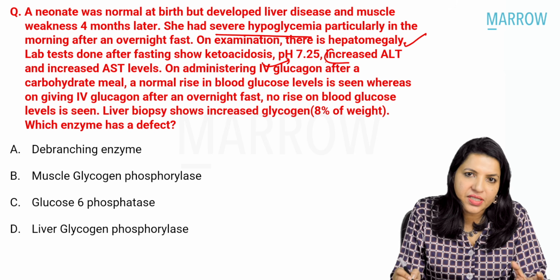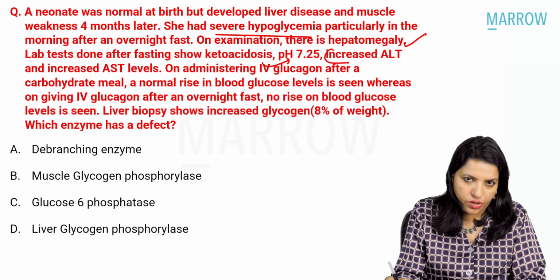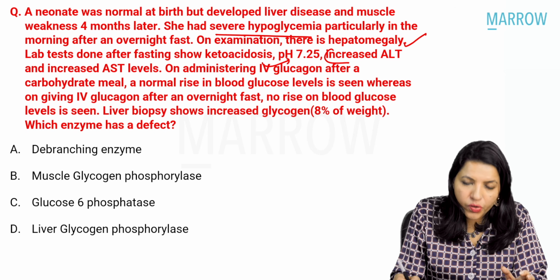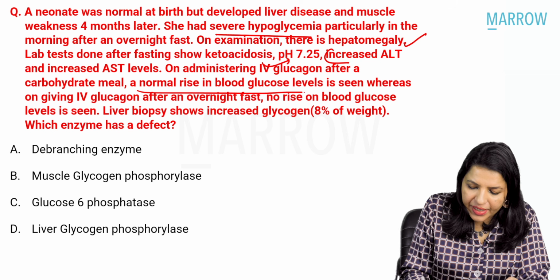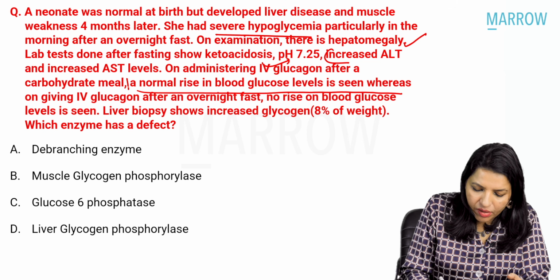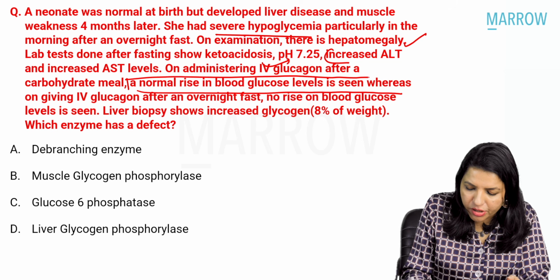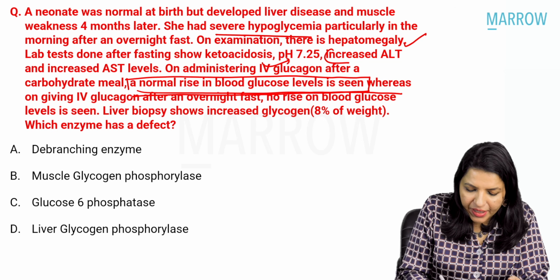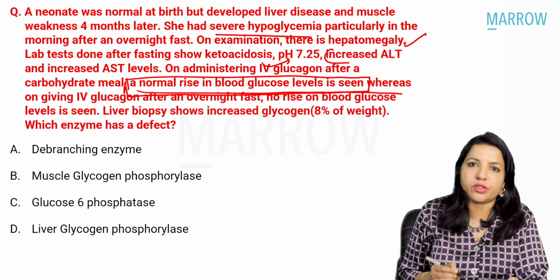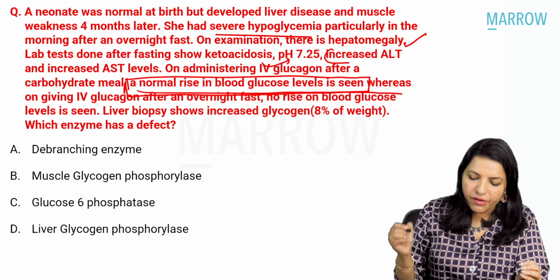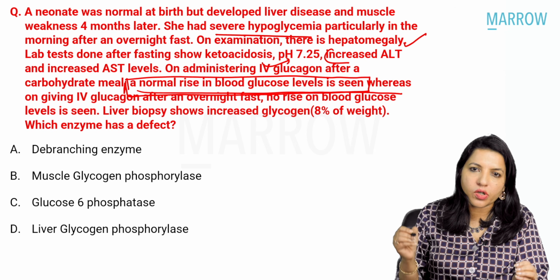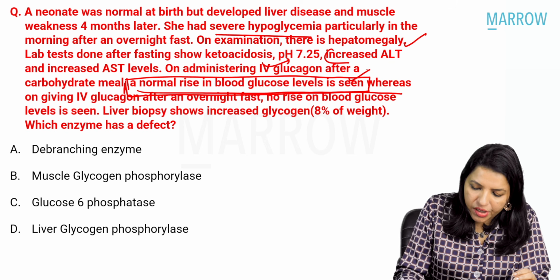Then IV glucagon is administered, and following a carbohydrate meal a normal rise in blood glucose level is seen. This is the most important clue helping us make the diagnosis: a normal rise in blood glucose when giving an IV glucagon challenge after a meal.